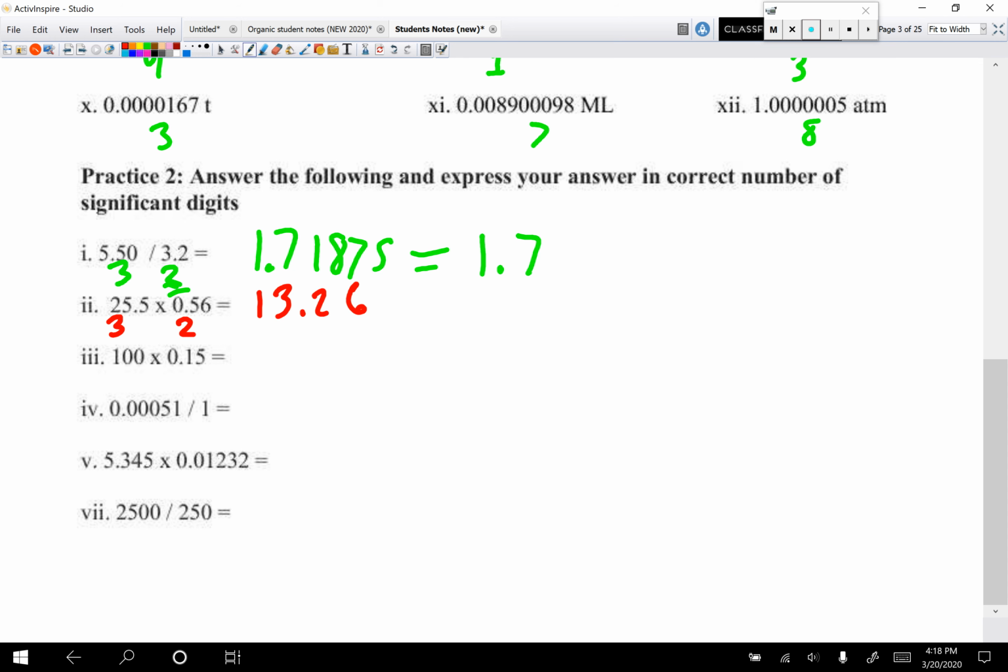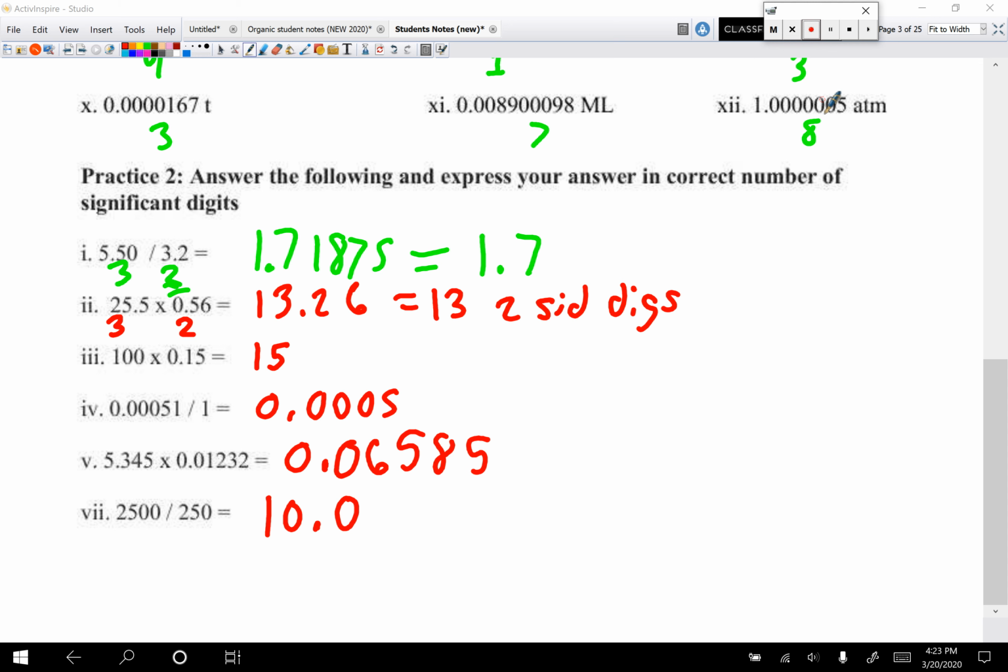Now this has 4 significant digits, we need 2. Therefore, I'm going to do my rounding, so I can tell 2 significant digits here is my 13. Now, I look at, do I need to round this 3? No, because this is below 5, so it just stays at 13, and that's my 2 significant digits. All right, so pause the video, try the other ones, because the answer is going to come up in 3, 2, 1.